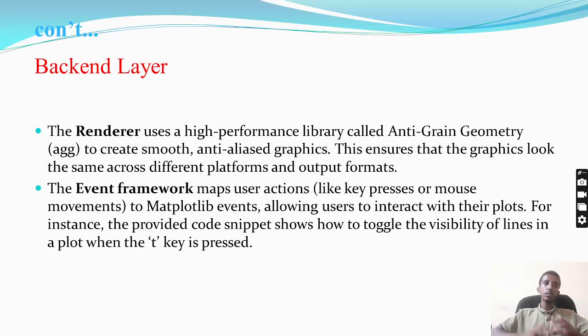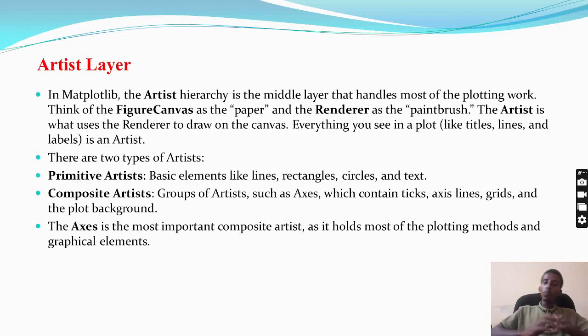For instance, the provided code snippet shows how to toggle the visible lines in a plot when the T key is pressed. When we come to the middle and main layer, where a lot of work and processing is done, the artist layer. In Matplotlib, the artist hierarchy is the middle layer, as we have seen, that handles most of the plotting work.